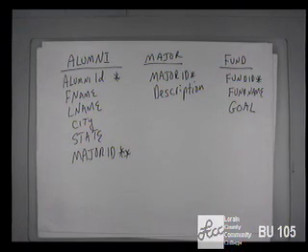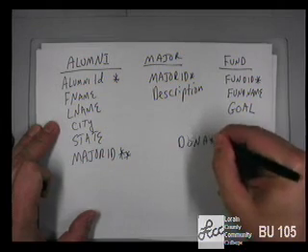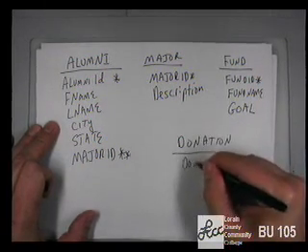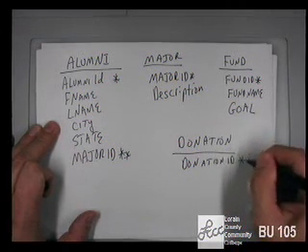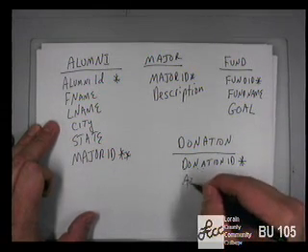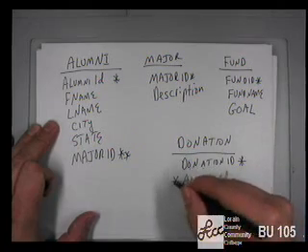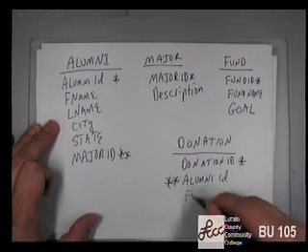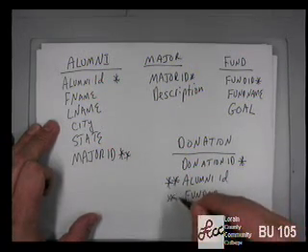We then have a donation table. And that will have a donation ID as a primary key. It will have the alumni ID of the person that made the donation. It will have the fund ID of the fund that the donation was for.